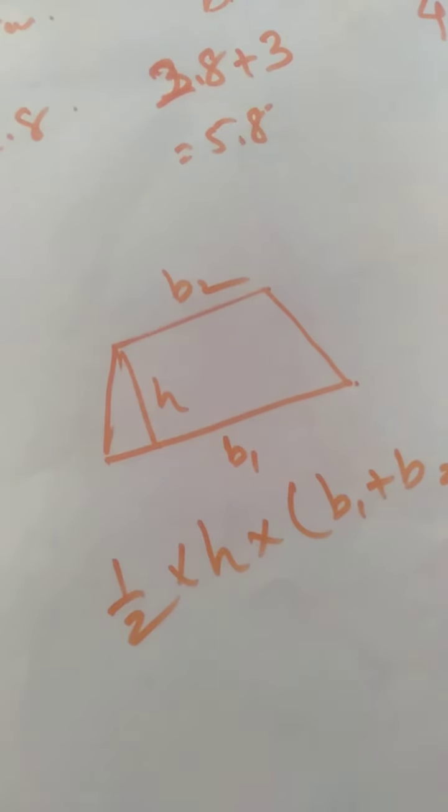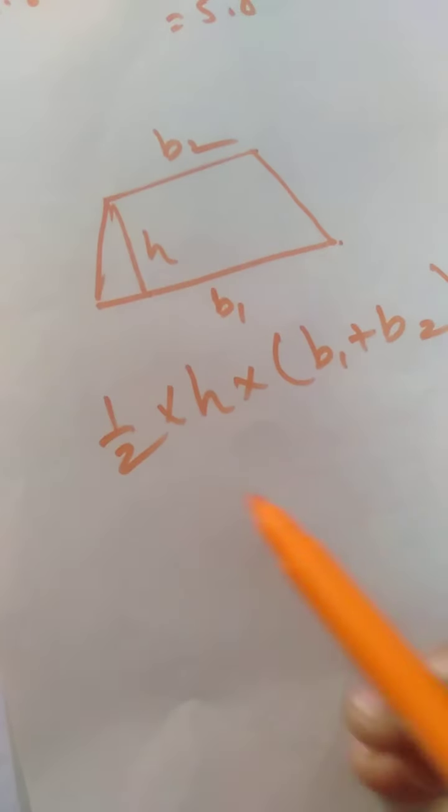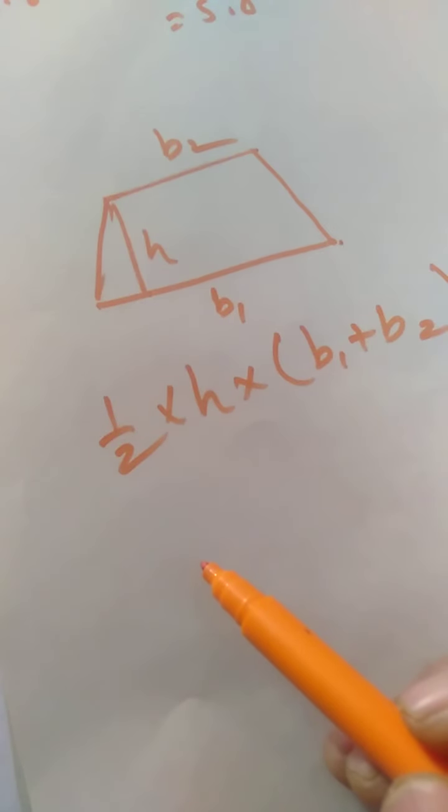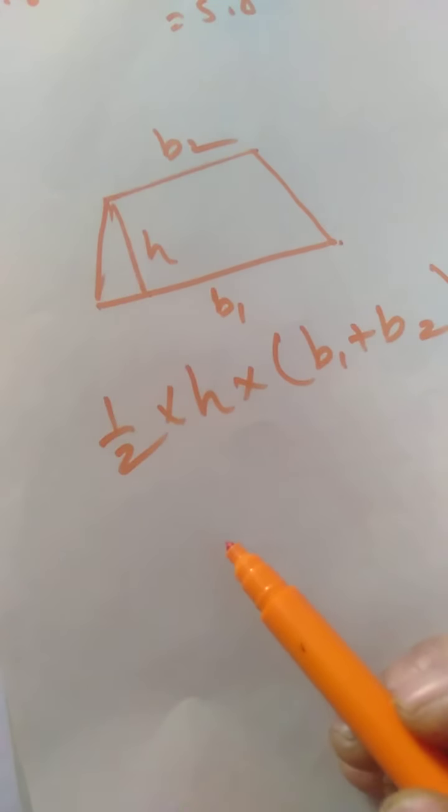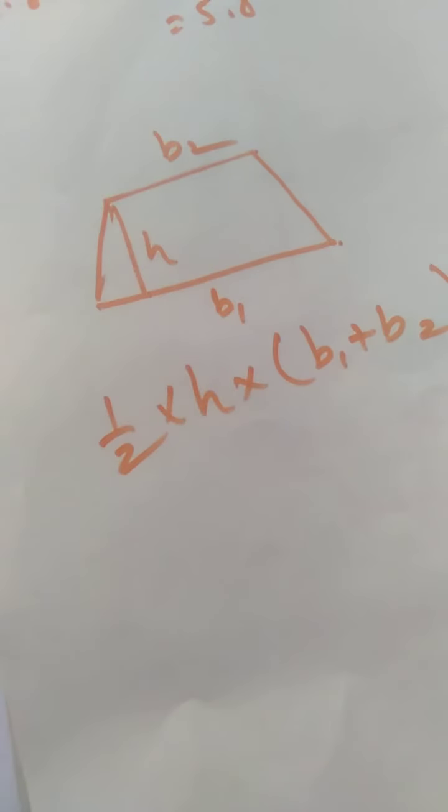So you have to just remember this formula, and the area of the triangle is also there, which is very much used. So in the next exercise, you just try to solve using this formula. Some of the examples I'll be telling you, where you can find out the area of trapezium when the measurements are given.